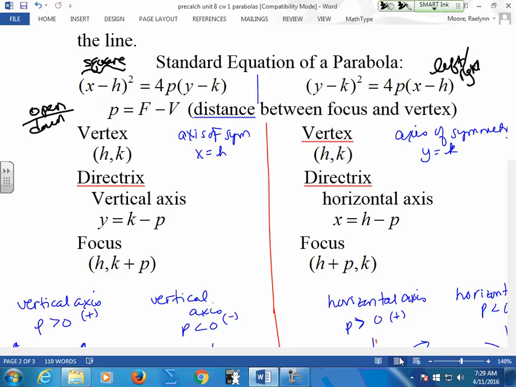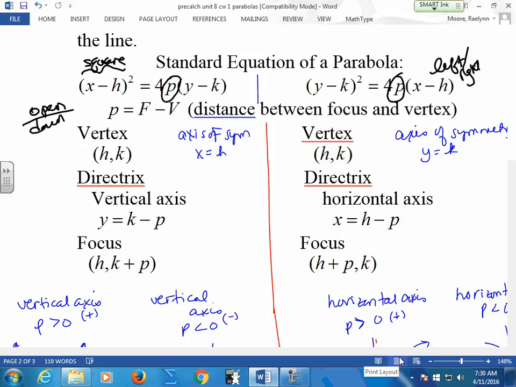Okay, and what's going to tell us which way it's opening is this little value of P. If P is positive in the x squared, they'll open up. If P is negative, they'll open down. In the y squared, if P is positive, it opens right. If it's negative, it opens left. And I kind of drew a little example on the bottom for you.